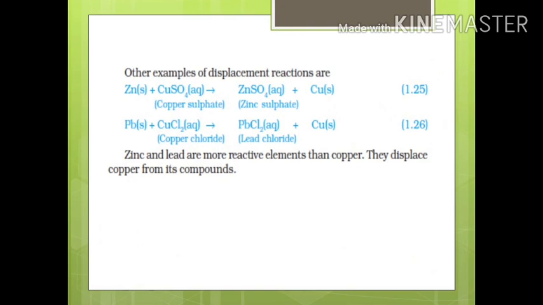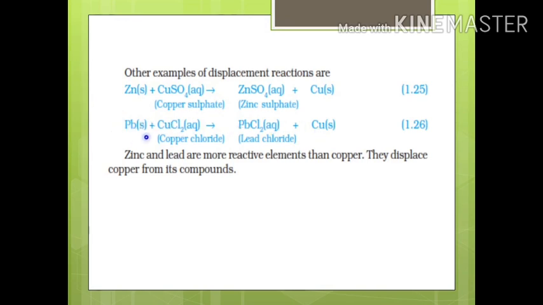So what are the other examples of displacement reactions? The first one is zinc plus CuSO4 gives ZnSO4 plus Cu. Again, copper is displaced by zinc. Zinc is more reactive than copper, that is why zinc can displace the copper. The next one is lead plus CuCl2 gives PbCl2 plus Cu.